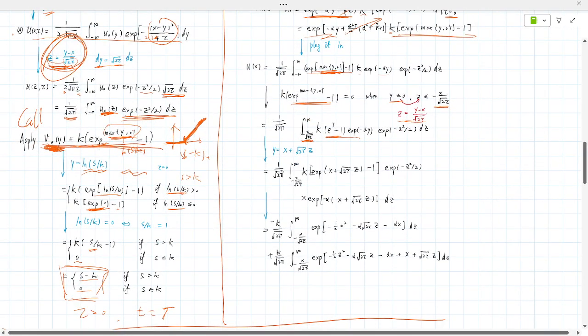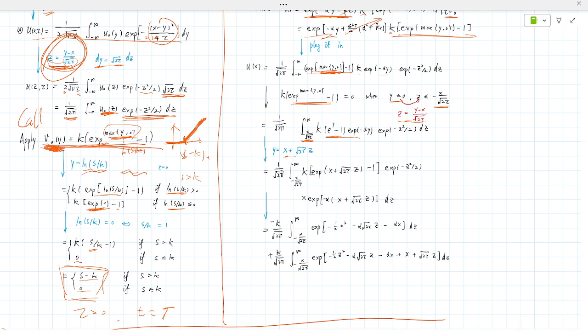And then we add the other transformation back: y equals x plus square root 2 tau z minus 1, and the negative alpha y is the same thing here.